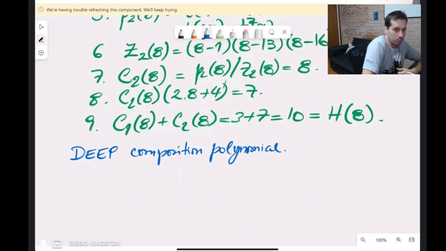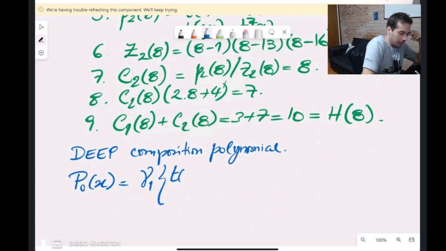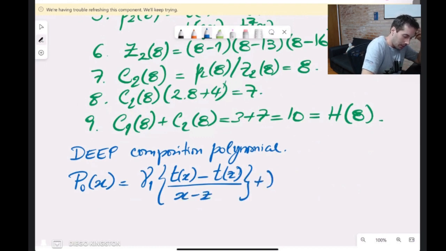And the idea is more or less the same. We will call this P0 of x. And this is simply, we will take a random linear combination of different polynomials. This is simply t of x minus the value that the prover claims is the evaluation of the trace polynomial divided by x minus z, plus gamma 2.